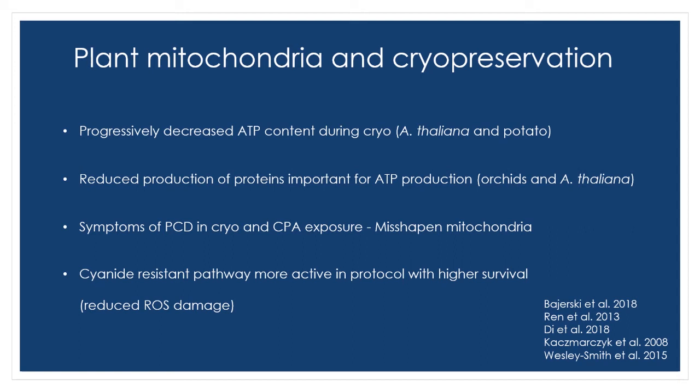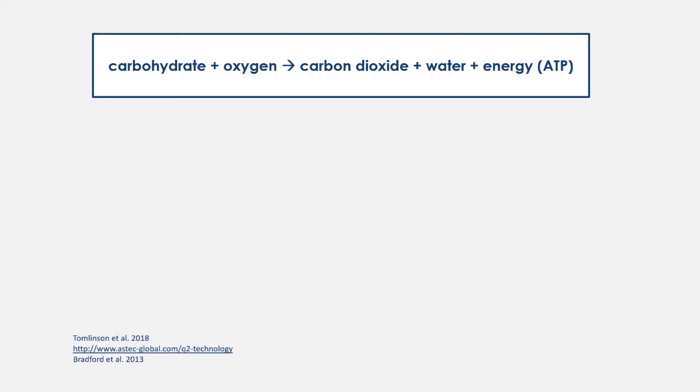So how are we going to measure mitochondrial function during cryopreservation? We can take advantage of our knowledge of this equation from earlier, and we can measure oxygen consumption as a measure of ATP production. We have a machine at Kings Park called the Q2, which can measure oxygen consumption over time.